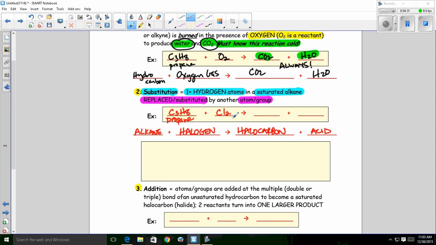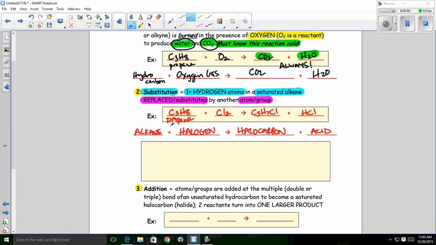What's going to happen is one of the halogens is going to replace one of the hydrogens found within the alkane to produce C3H7. One of them's replaced, and a Cl is now going to be attached. One of the halogens is going to be attached to the alkane, and what's also going to be produced is HCl, hydrochloric acid. Let me draw this out for you.